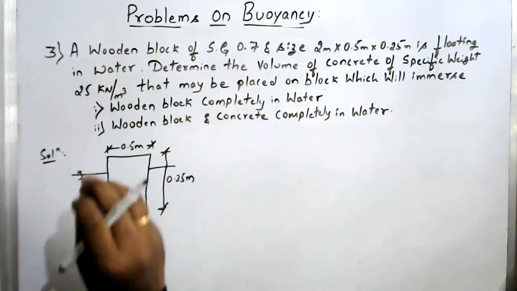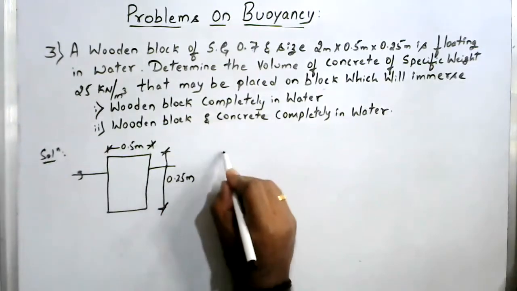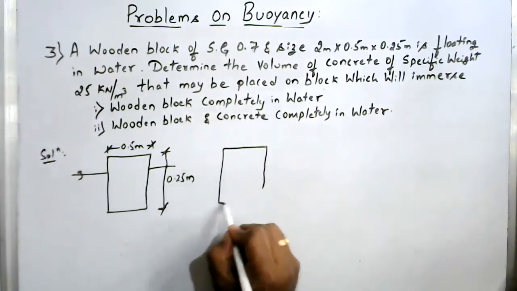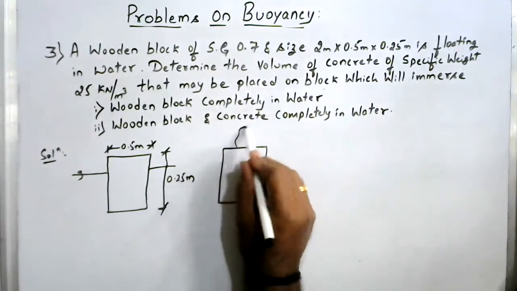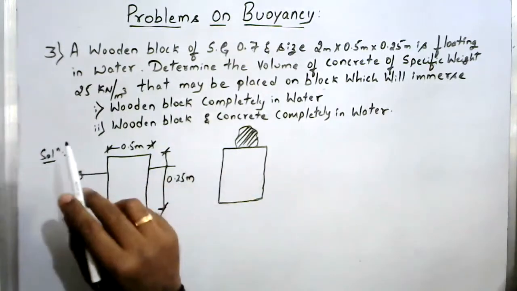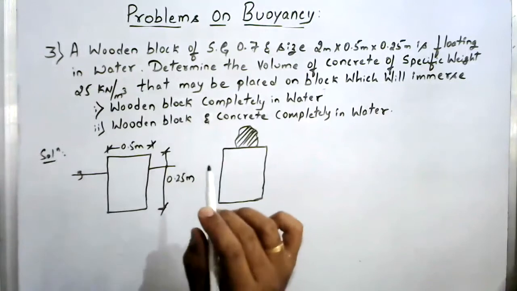What they'll do is place some concrete on it. For this wooden block, I'll place some concrete, like this. The specific weight of this concrete is 25 kilonewton per meter cube.